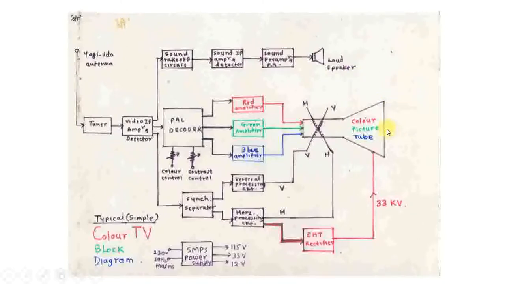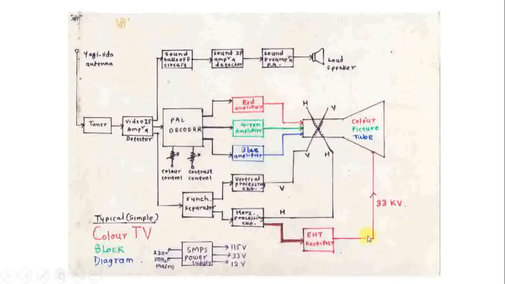One more thing is there, an SMPS power supply is required. The SMPS power supply which is used in this color television trainer kit takes a 230 volt input, and the outputs available are 115 volt DC, 33 volt DC and 12 volt DC.